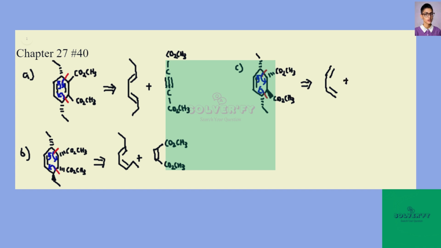So diene, alkene. Now we see that the two CO2CH3 groups are trans to one another here. So in order to make them trans to one another in our product, we will go ahead and make them trans to one another in our starting material. So that's the alkene piece handled.